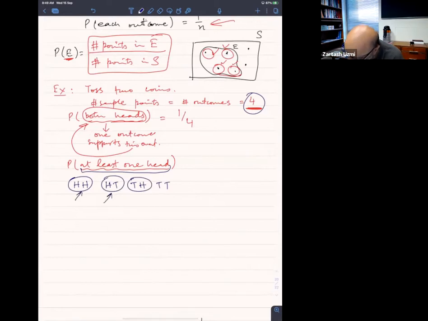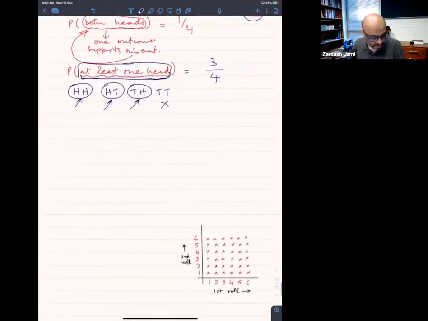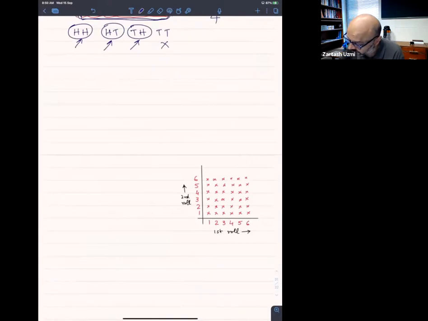In this one there isn't. So the number of points in this event E is 3. The number of points in the sample space is 4. So 3 out of 4 is the probability. That makes sense? So it is very simple to compute these probabilities.